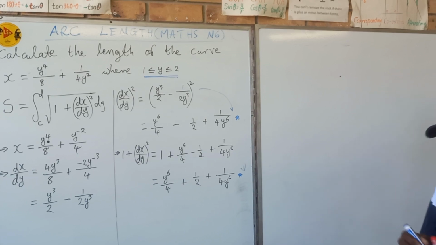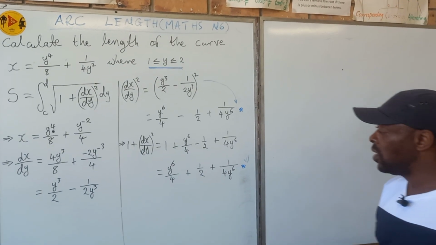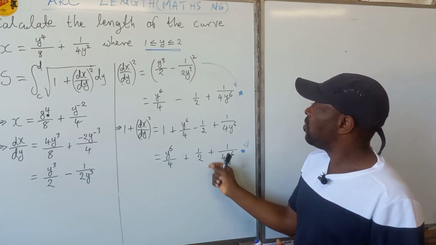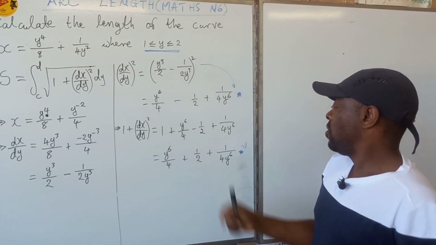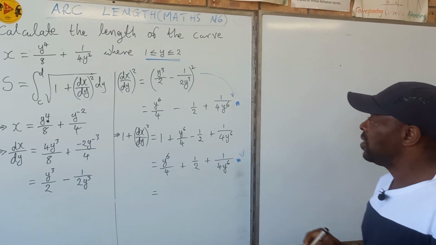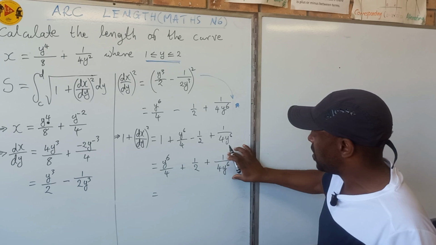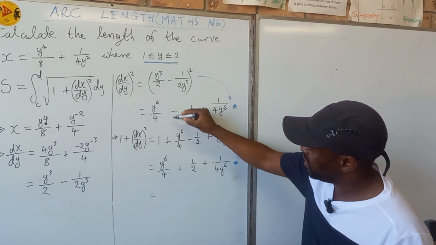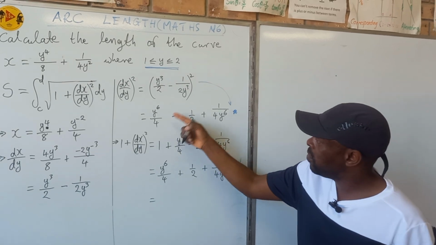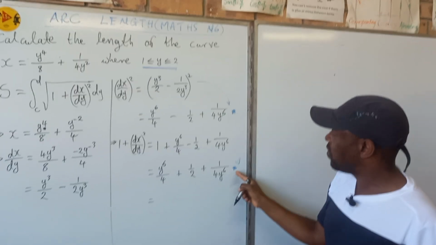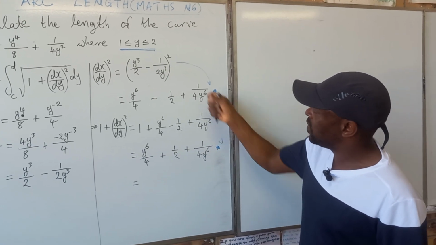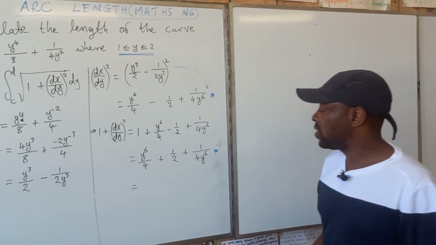So if you can be smart to think like that out of the box, it will be easy for you to see how to simplify this to get up there, which is something that is not easy to see, but if you can compare these two, as I've explained, you see the difference is just the middle term, and you know exactly where this is coming from. So this one must also come from there.